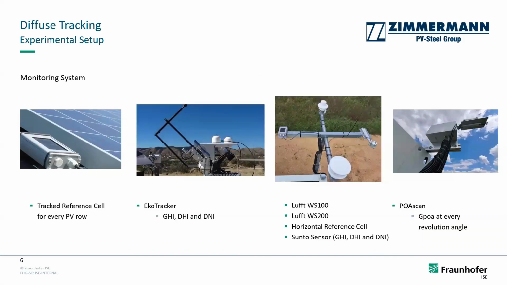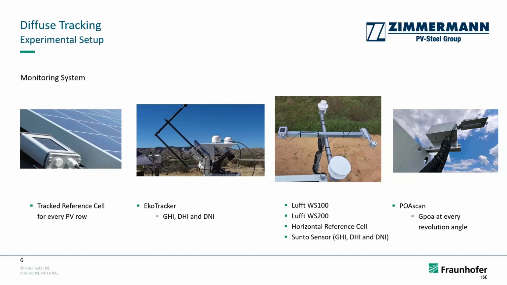Also, we implemented a quite holistic and comprehensive monitoring system to be able to assess all the weather parameters. So first of all, we have a tracked reference cell for every PV row. Then we have the Echo Tracker, which is a quite advanced sensor to assess the different components of light: the global horizontal irradiation, the diffuse horizontal irradiation, and the direct normal irradiation.